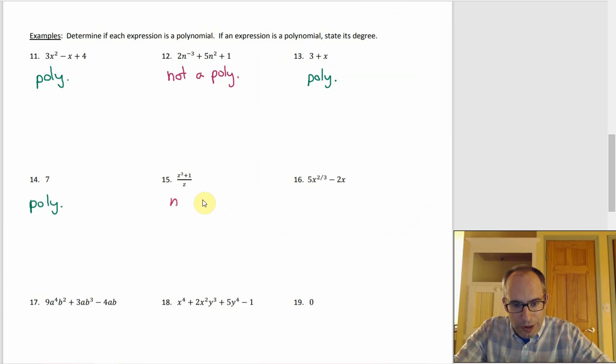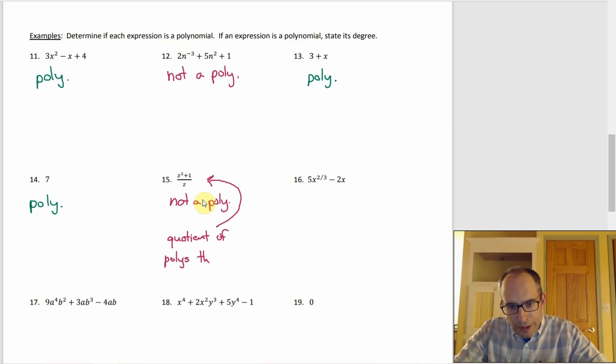So this one is not a polynomial, because this is a quotient of polynomials that does not reduce to a single polynomial, right? So that's what's wrong with it.